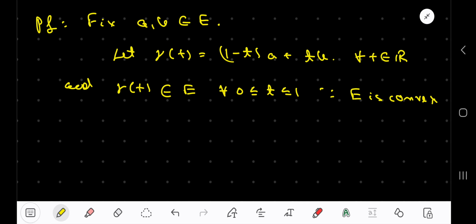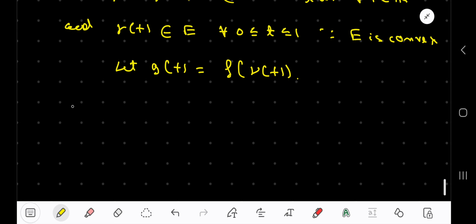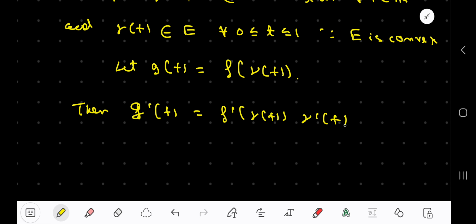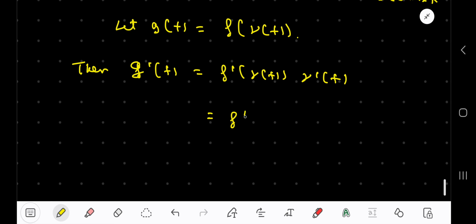Okay, what more can we do? I guess we don't need convexity anymore. So what we do is let g of t be the function f evaluated at this path. Then by the chain rule, g prime of t is f prime at gamma of t times gamma prime of t. So this is just f prime at gamma of t, and what is gamma prime of t?